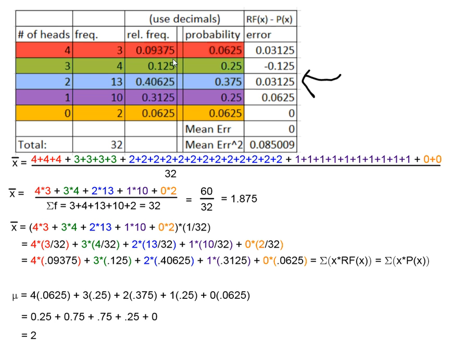So we can't just use the median to expect that to be the mean, or use the mode, the value with the highest probability, to expect that to be the mean.